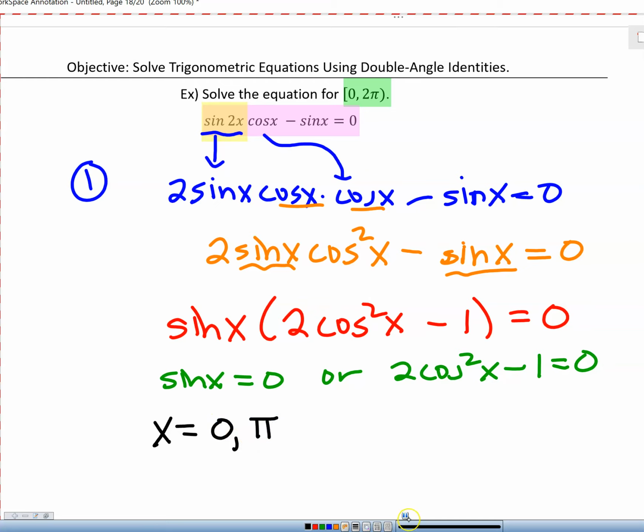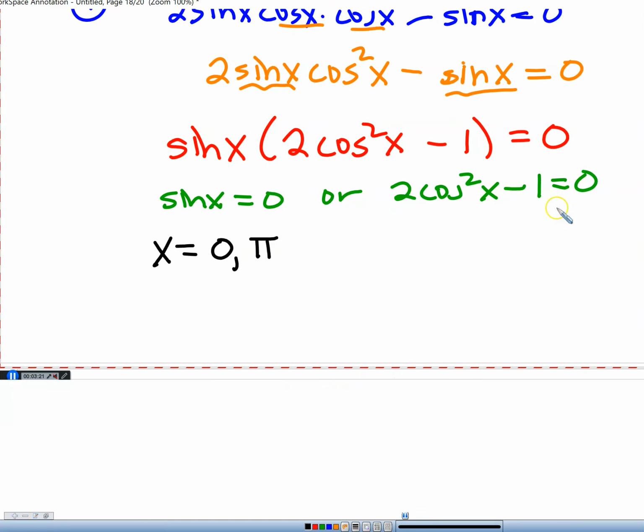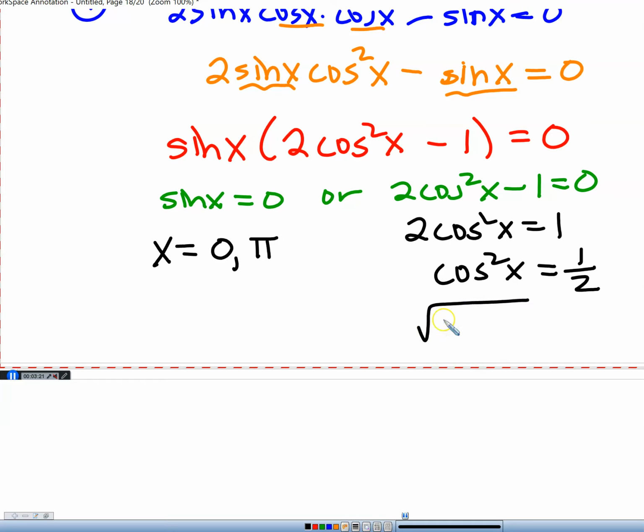This one over here on my right side is going to require a little bit more work. So I'm going to have to add 1 and then divide by 2. Now I have cosine squared equals 1/2. So now I have to undo the power of 2 by taking the square root of both sides, and I get that plus or minus for my square root property.